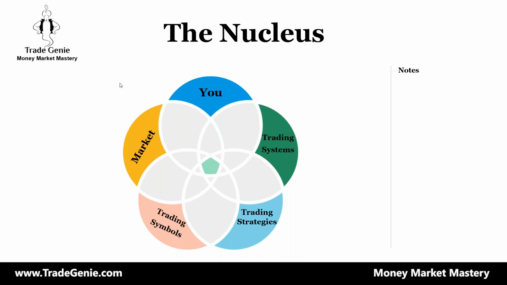Think about this. If you don't have the system, you're everywhere. You don't know about the market, you don't understand yourself, you don't know about the trading system you're using, you don't know if you need to buy 100 shares or buy one contract, do a spread, or do covered calls or naked puts.